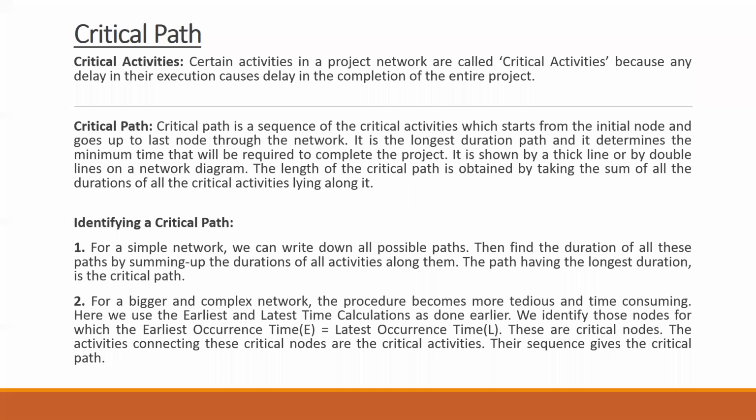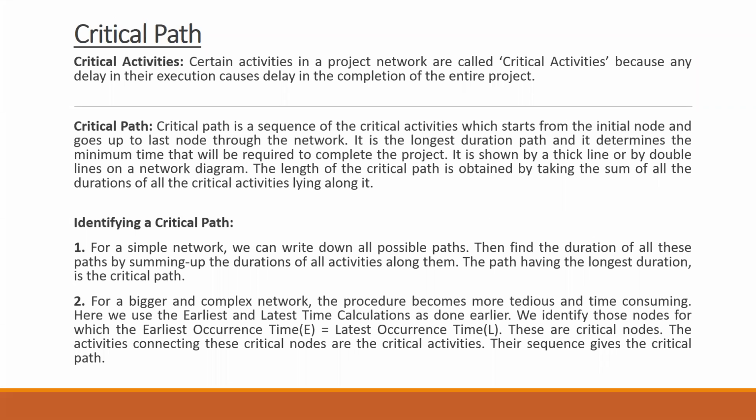You can also call that node your critical node, and the activities connecting all these critical nodes will be your critical activities, along the critical path, which we have just seen in the previous diagram.